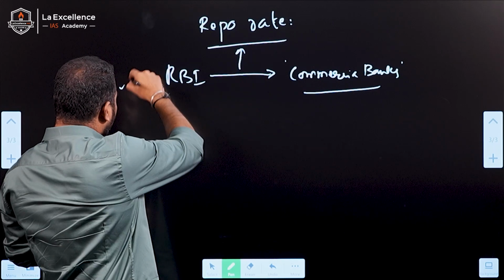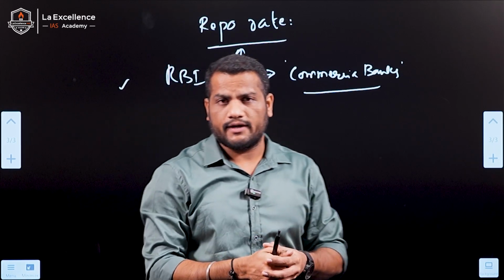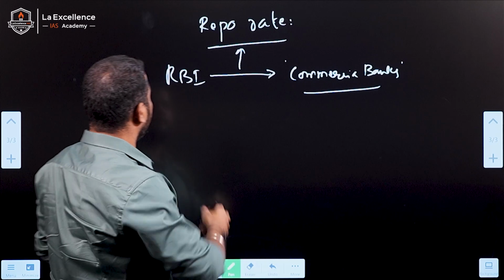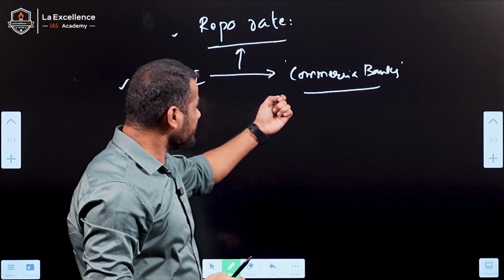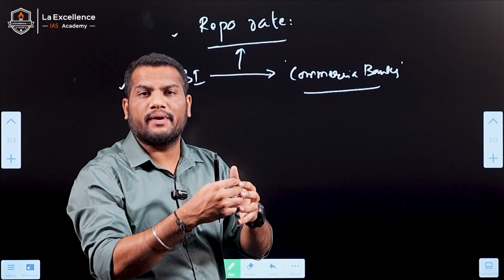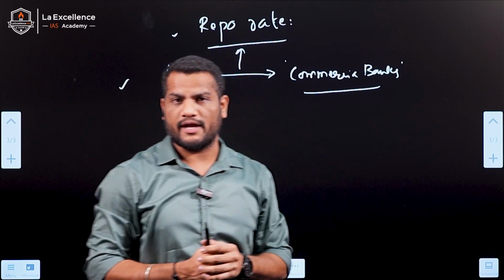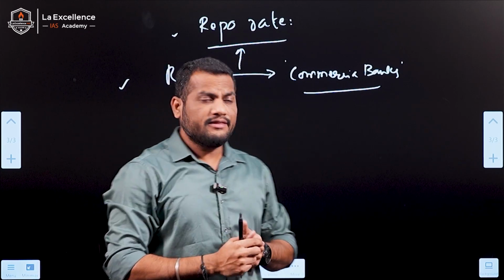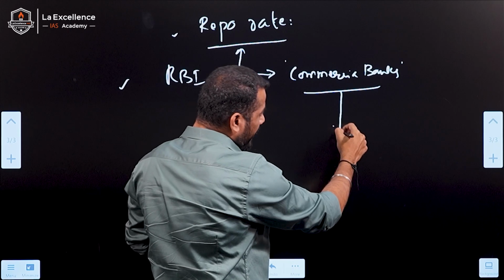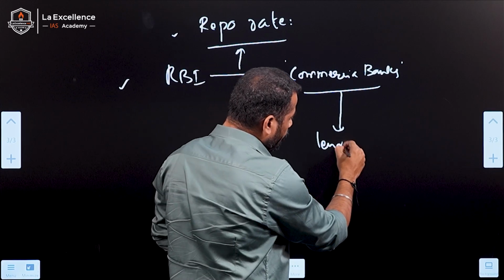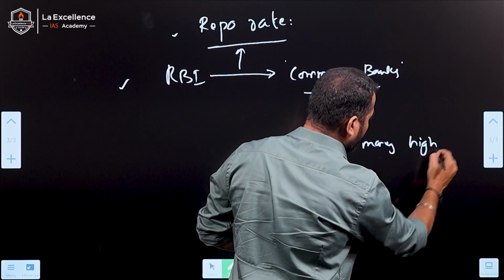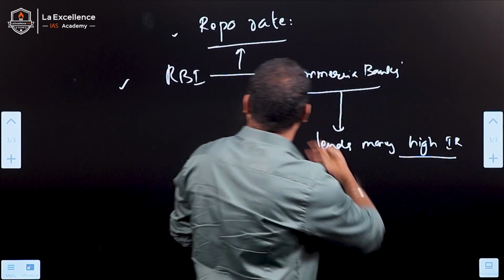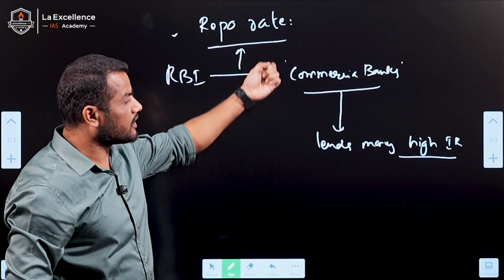Whenever the RBI wants to control inflation in the market, it increases the repo rate. When the repo rate increases, banks borrow less or no money from the RBI because the interest rate is high. In this condition, commercial banks also lend money at a high interest rate, because the RBI is imposing a higher rate on them.